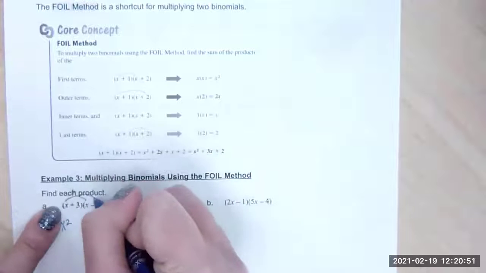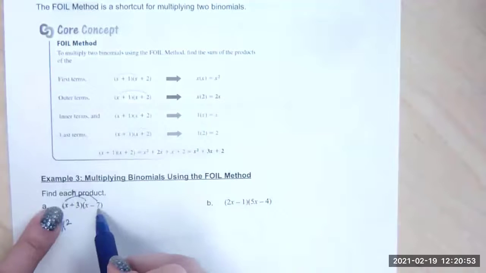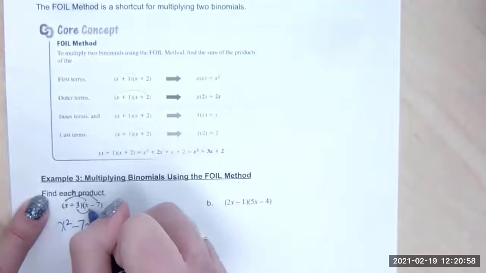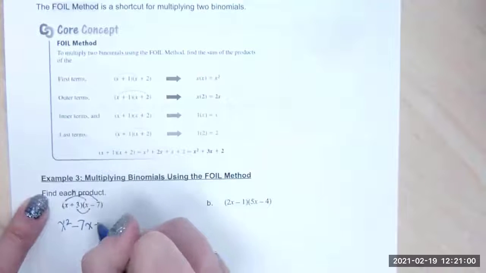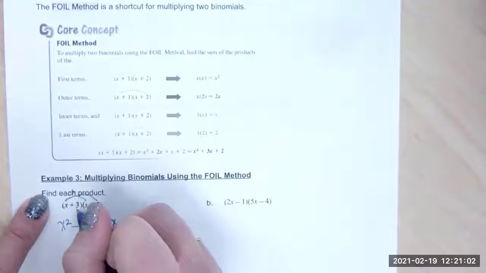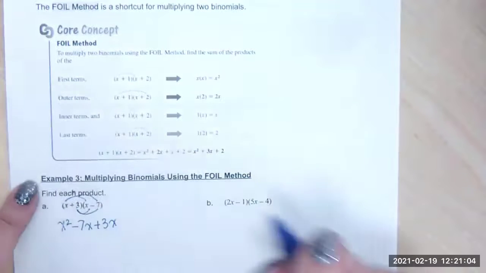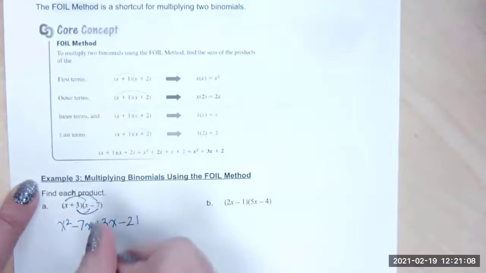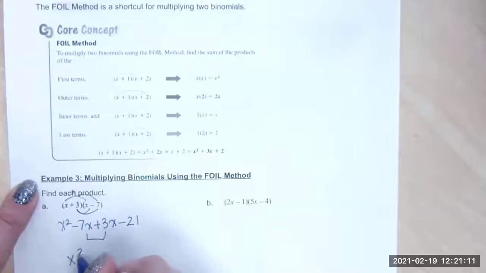And then my outer terms, x times negative 7 is negative 7x. Now, here's your inside. 3 times x is 3x. And then here's your last. 3 times negative 7 is negative 21. Combine your like terms. So we have x squared minus 4x minus 21.